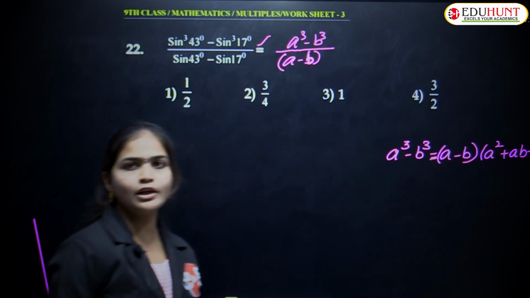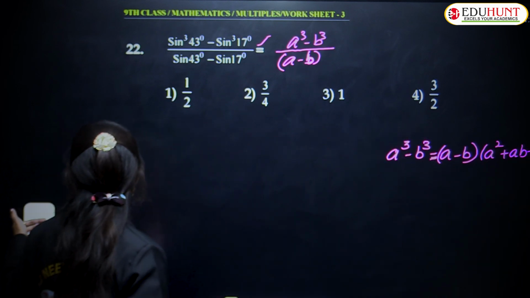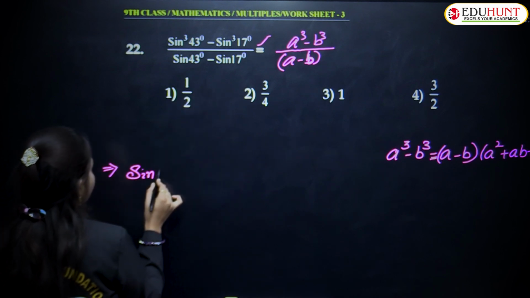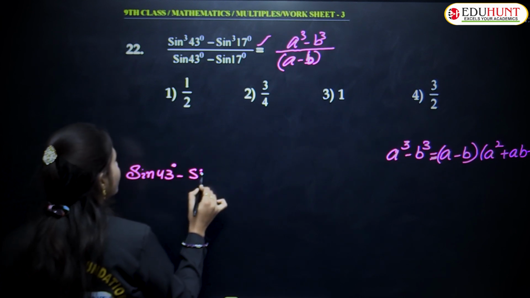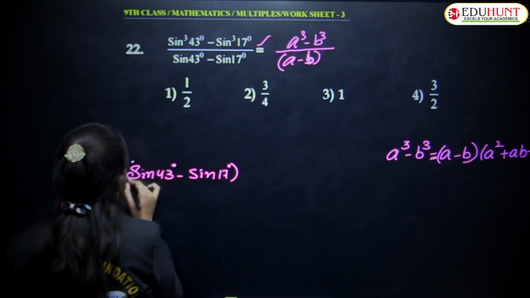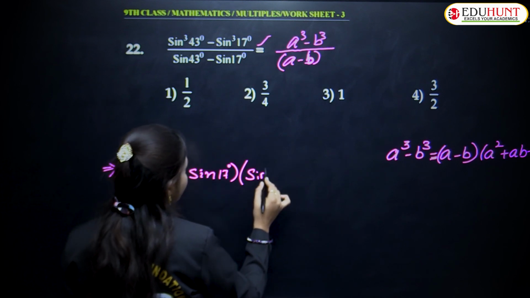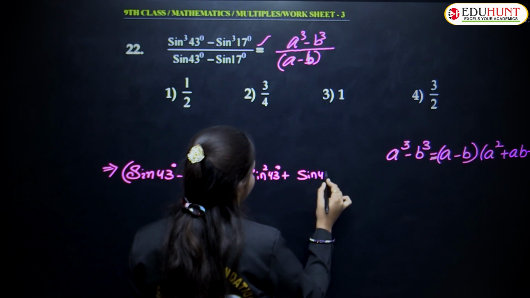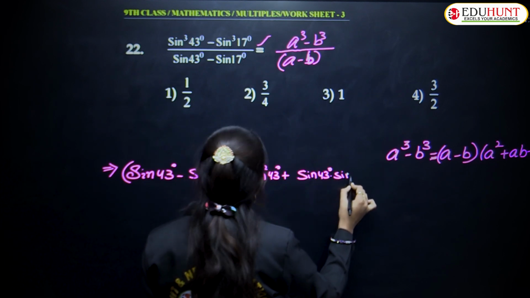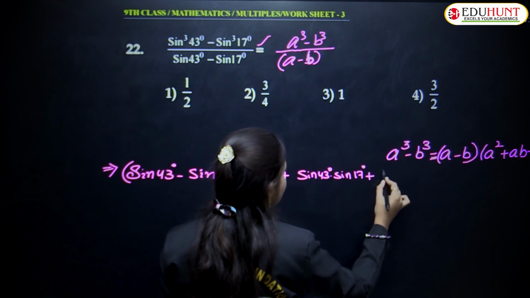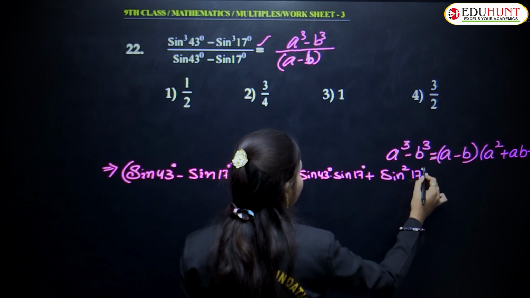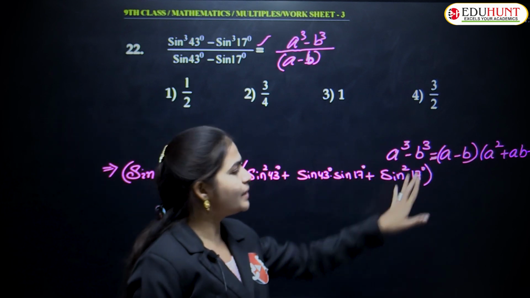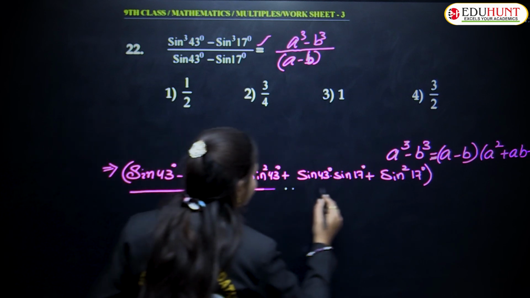So apply that formula here. a minus b is sine 43 degrees minus sine 17 degrees, into a square, so sine square 43 degrees, plus ab, so sine 43 degrees into sine 17 degrees, plus sine square 17 degrees. So (a minus b) into (a square plus ab plus b square). Clear?